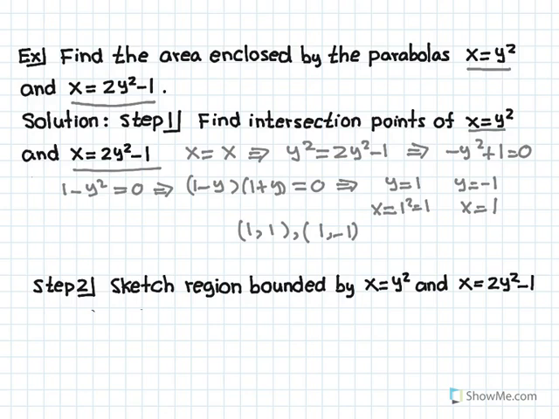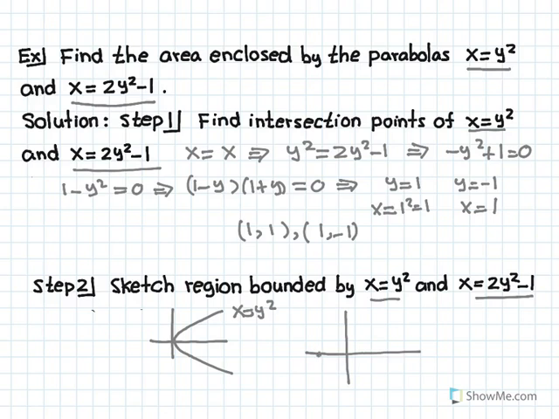The next step is to sketch the region bounded by x equals y squared and x equals 2y squared minus 1. Just a bit of a review as to how we draw these parabolas. x equals y squared would be a parabola that opens to the right. That's x equals y squared. And x equals 2y squared minus 1 is similar, except it's shifted to the left.